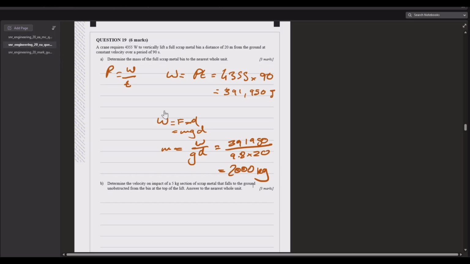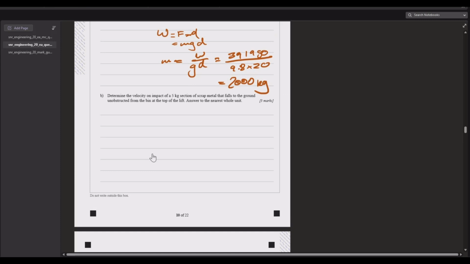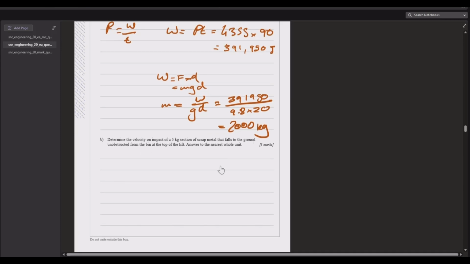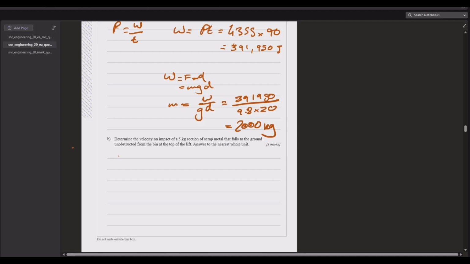There you go. Second half of this question. Determine the velocity on impact of a 5 kilogram scrap metal that falls to the ground unobstructed from the bin. So this is suvat, obviously. We don't have u, and we have negative acceleration. So s equals negative a half 9.8 t squared. We will need to rearrange for t to sub in.